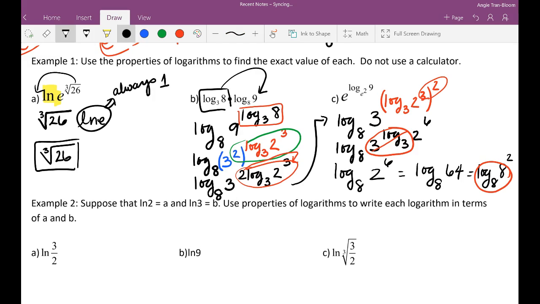It is 1, right? But I have this power, so I can move it to the front. So this is really 2 times log base 8 of 8. But log base 8 of 8 is 1. So this is 2 times 1. So all of that is just going to be 2. Yay! That's crazy.